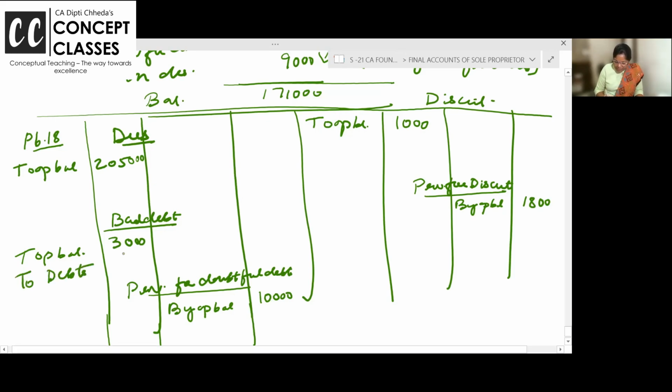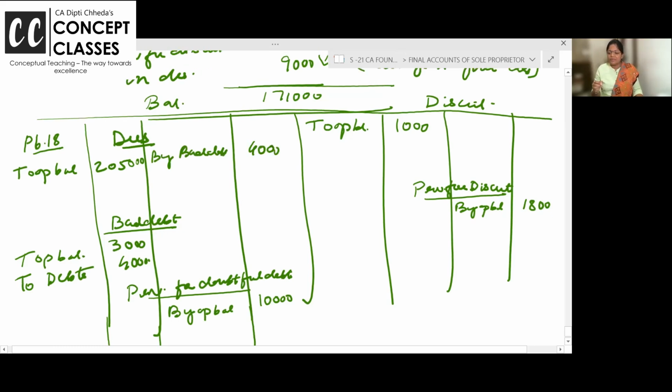Whenever bad debt is there, what is the journal entry? Journal entry in your mind. Say it loudly because we are discussing. Reduce the debtors by 4,000 and debit bad debt, because more bad debt is there.